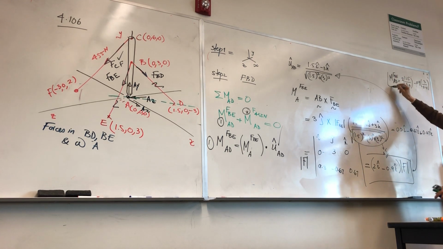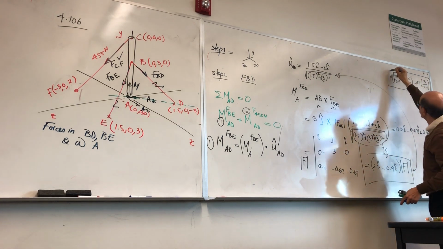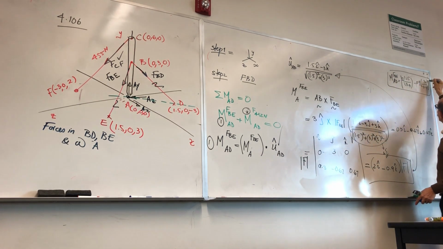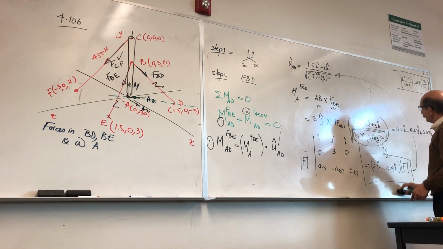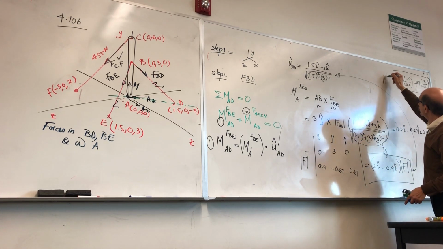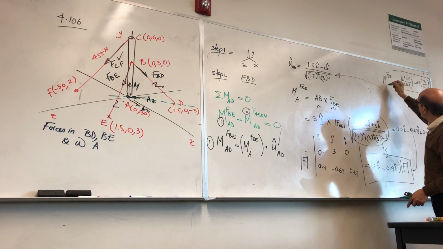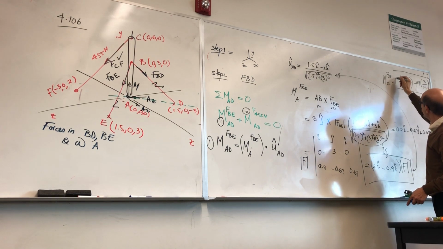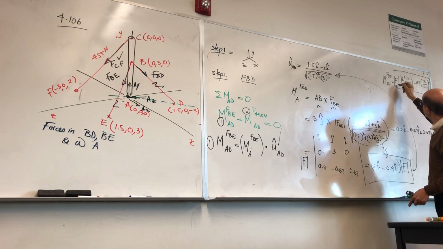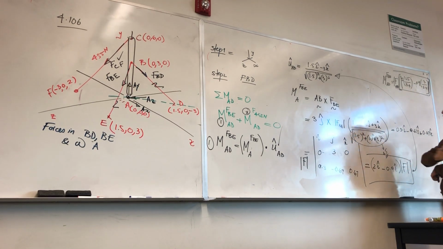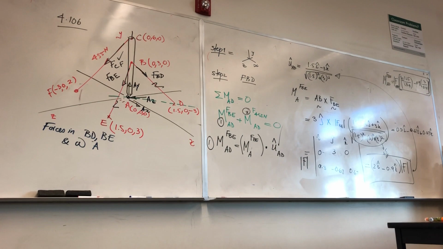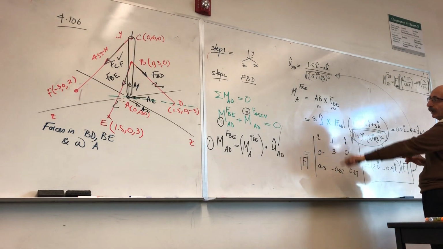So that would be the moment of this force that you have also F. So a moment of F of BE about AD would be F magnitude of BE times this, right? So this was part 1.